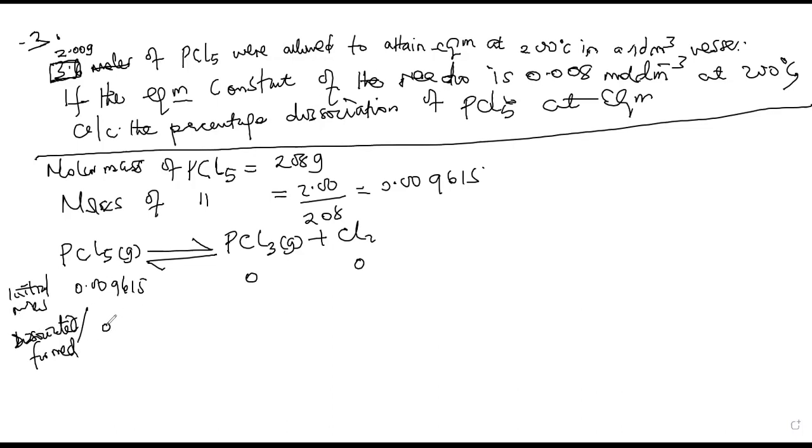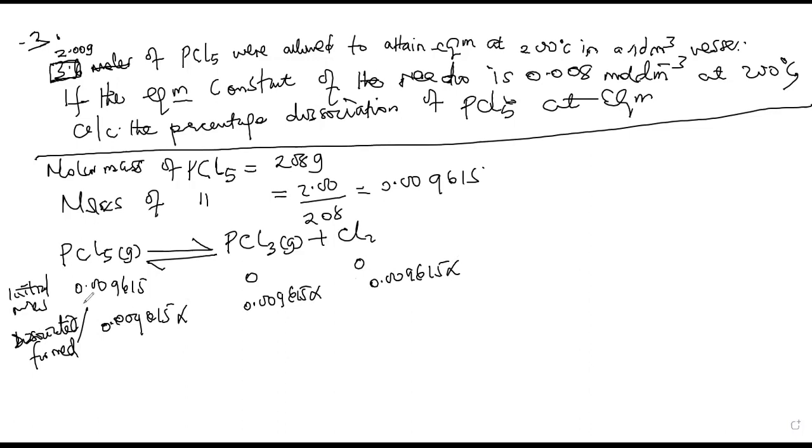Multiply alpha, so it's going to be 0.00961 alpha. Since the reaction ratio is the same, even here. Remember volume is 1 liter.